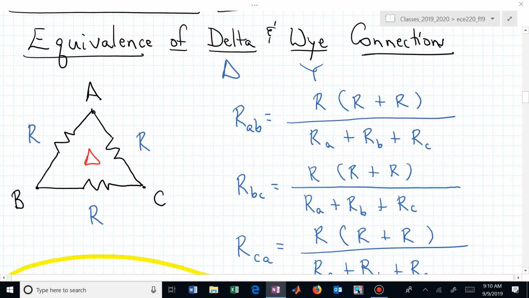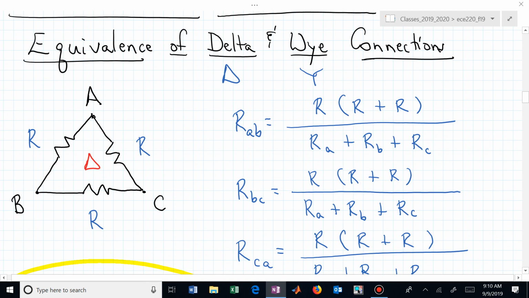Meaning, now that you know or have seen what these formulas consist of between the various nodes, what's R sub AB? Now you're going to help me label the subscripts and the numerators of these expressions.